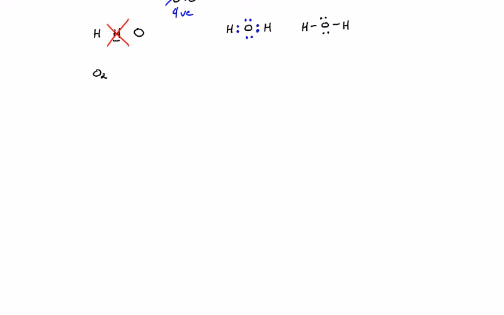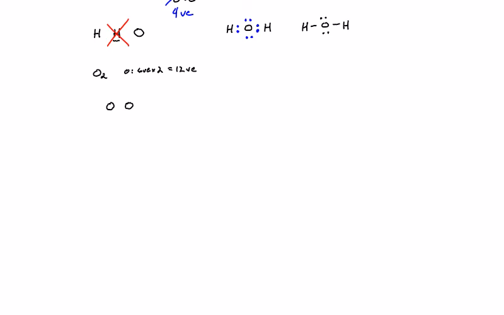Oxygen has 6 valence electrons, and there are two oxygen atoms, for a total of 12 valence electrons. And there's only one way that we can really arrange the atoms, and that's next to each other.